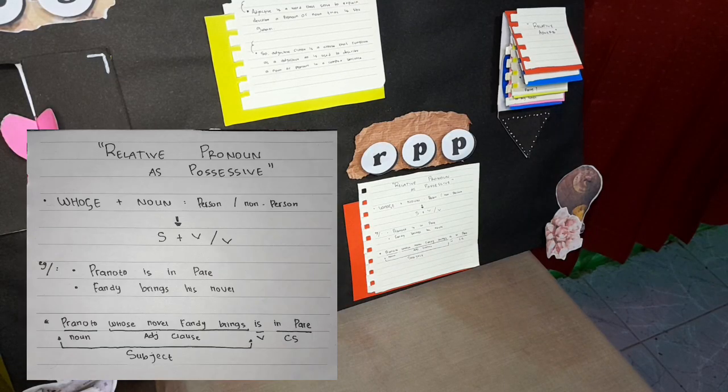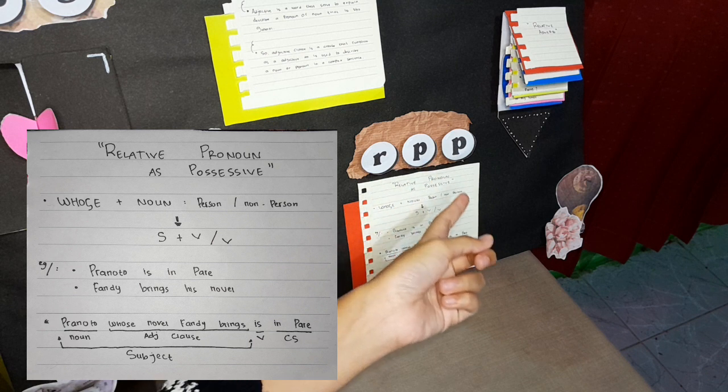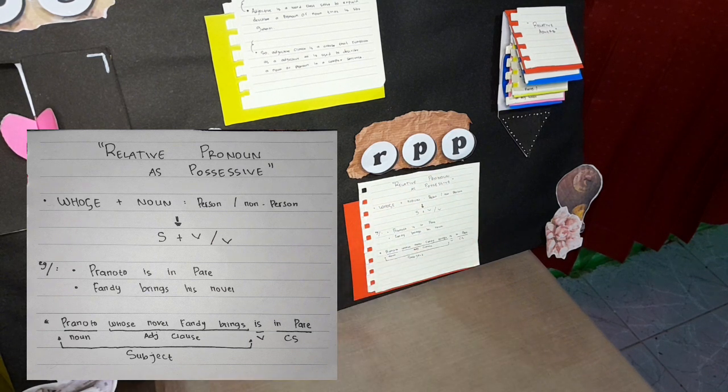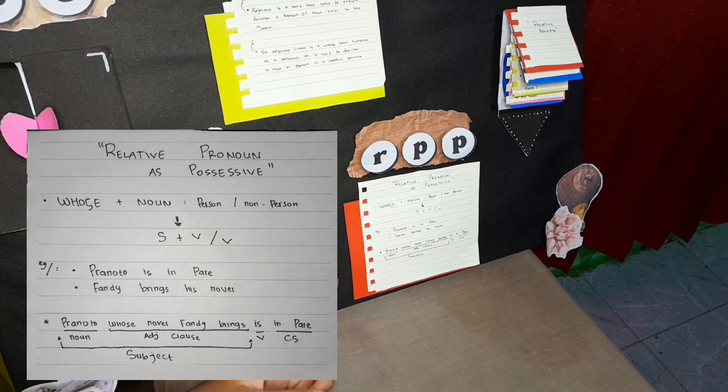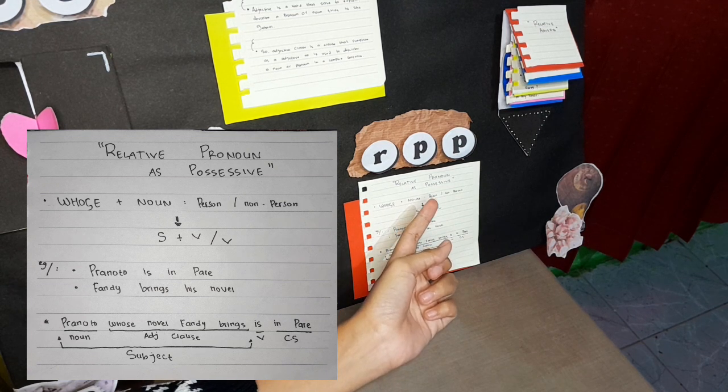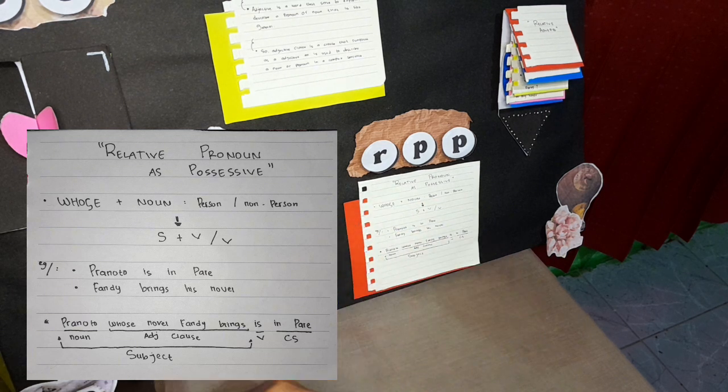Okay, the next is RPP, relative pronoun as possessive. Here, there is one conjunction, which is whose plus noun. Because we just use this one conjunction, it can be used to explain person or non-person.